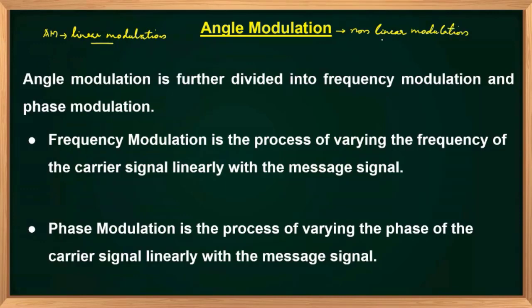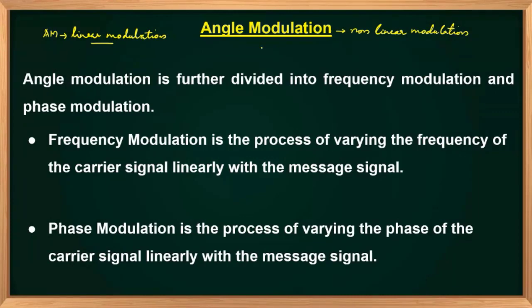Non-linear modulation means the linearity principle will not be satisfied. That means if you individually modulate with different modulating signals, the resulting waveform will not be a linear combination of the individual responses. In the case of AM, it's a linear modulation scheme in which the linearity and superposition principle can be applied.